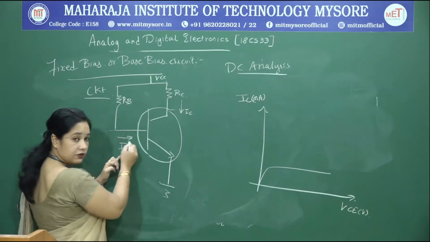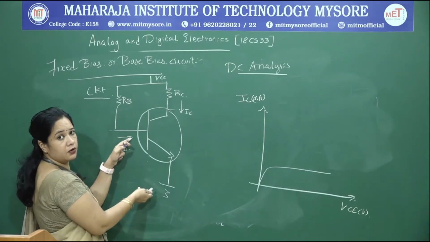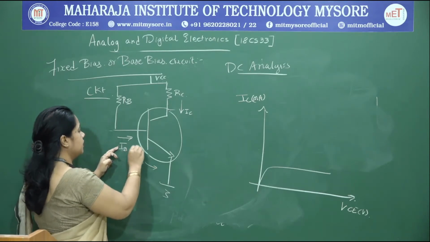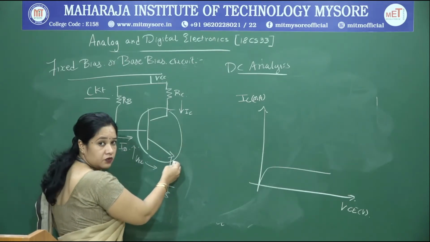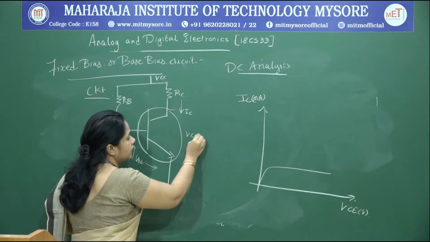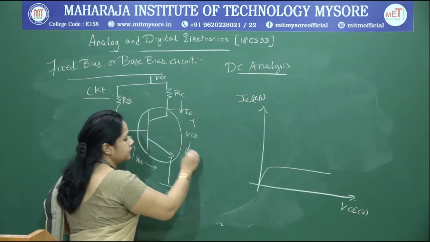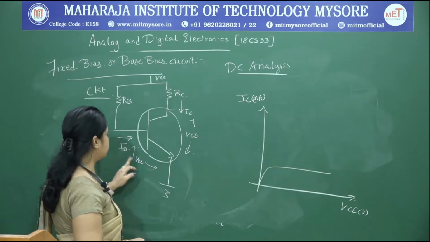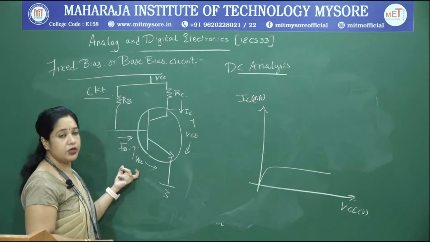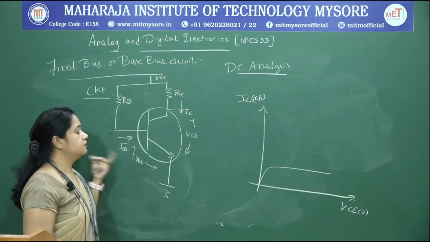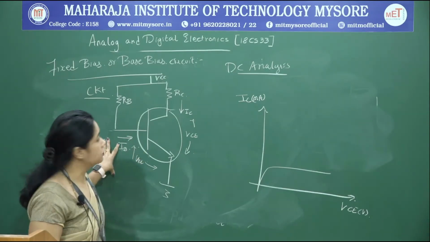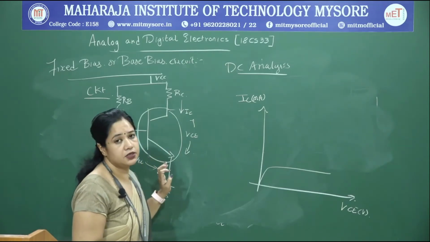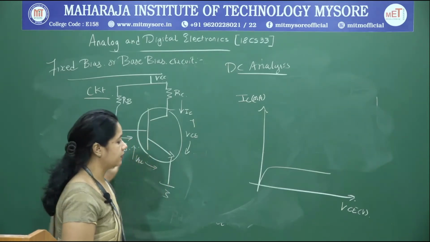In order to keep it forward biased, we need to overcome the cut-in voltage VBE, and we also have the voltage between collector and emitter, which we call VCE. We need to see that the emitter base junction is forward biased and the collector base junction is reverse biased.